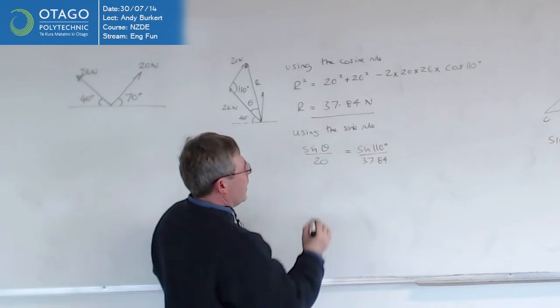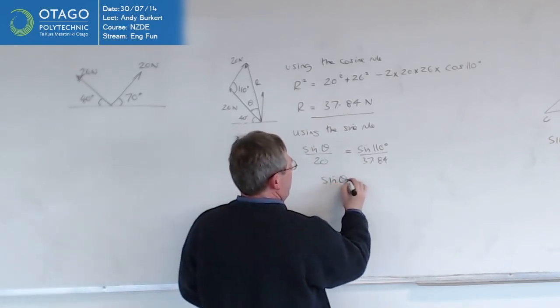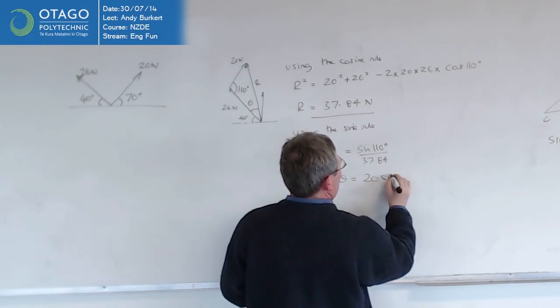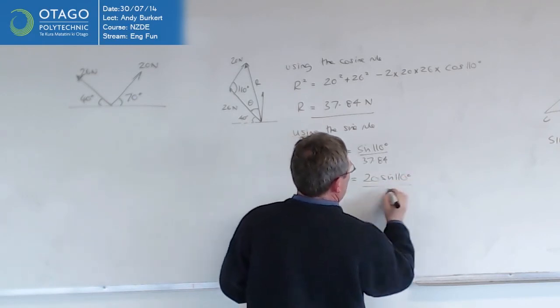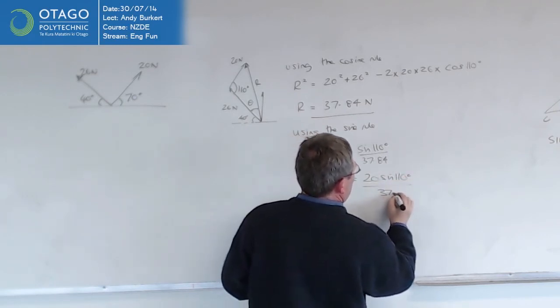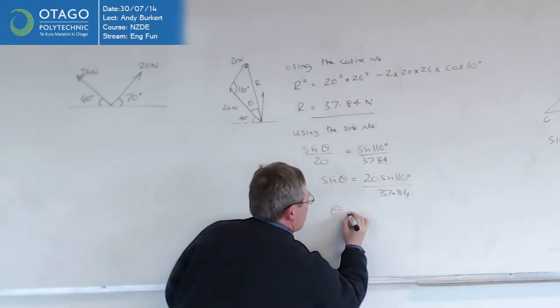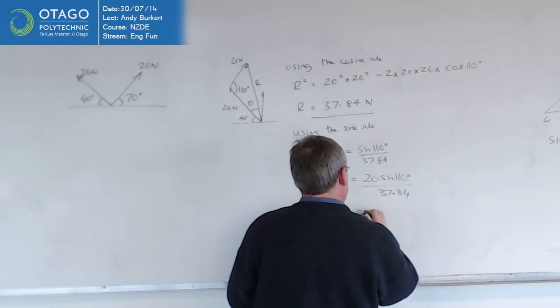So we can just rearrange. Sine theta equals 20 sine 110 degrees divided by 37.84. So theta is the inverse sine of all of that.